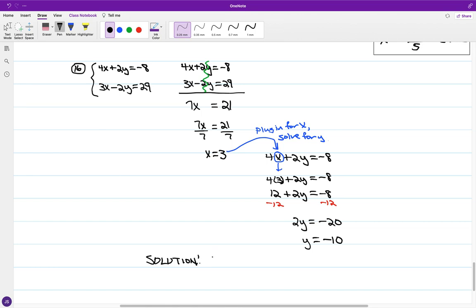And so for the solution, we have x is equal to 3 and y is equal to negative 10, just writing as an ordered pair. So there's only one point of intersection between the graphs of these equations. Again, that point is going to be located at (3, negative 10).